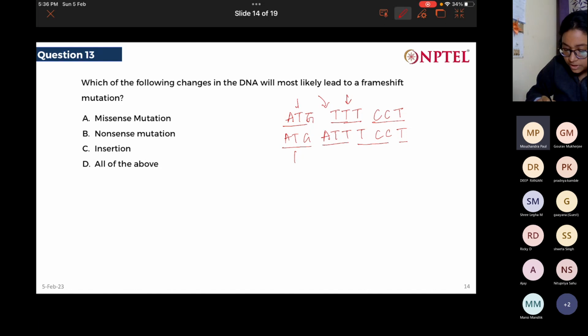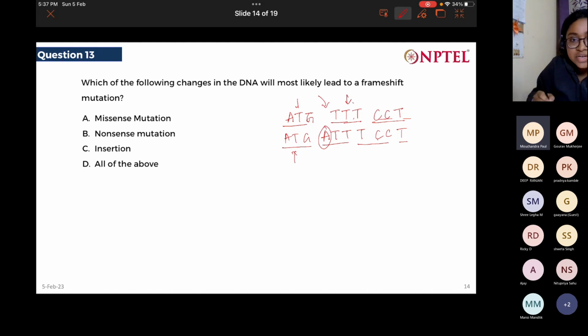ATG is the same, but due to the addition of A here, the amino acid previously coded by triple T will be replaced by the amino acid coded by A double T. Then the amino acid coded by CCT is now replaced by TCC. So the sequence of amino acids is also getting changed, and the original amino acid sequence is not at all retained with addition.